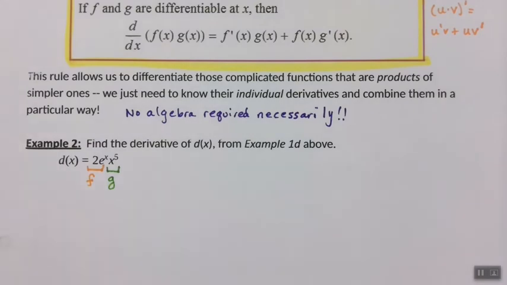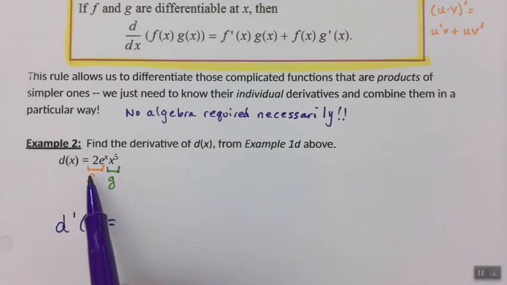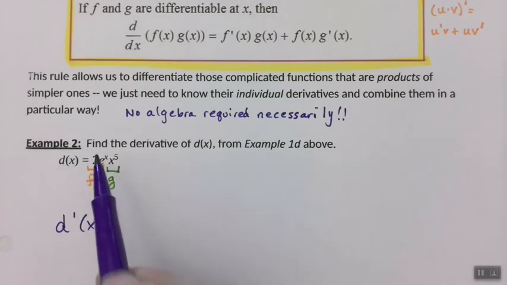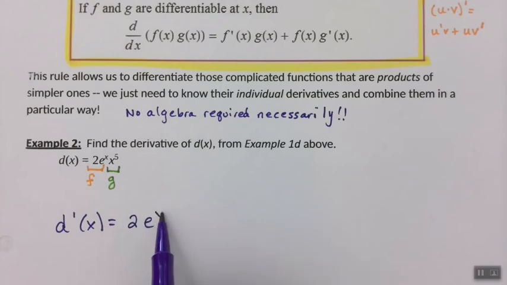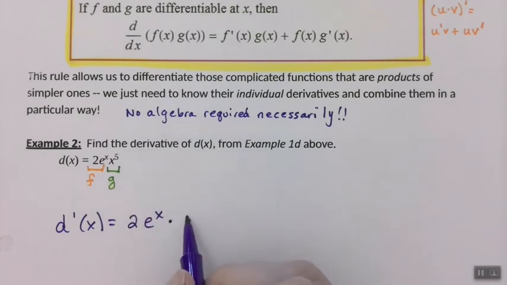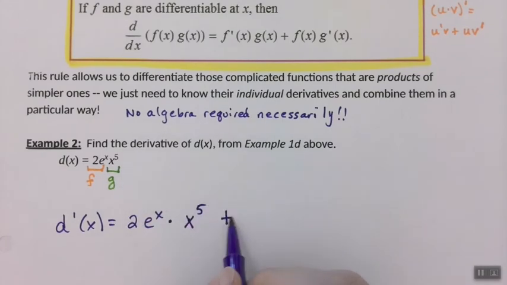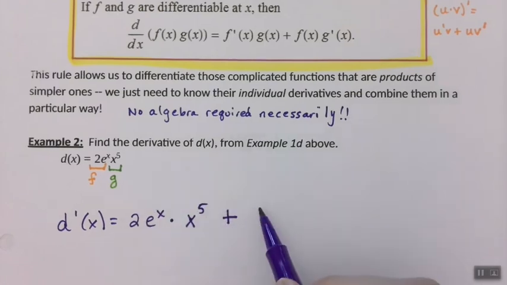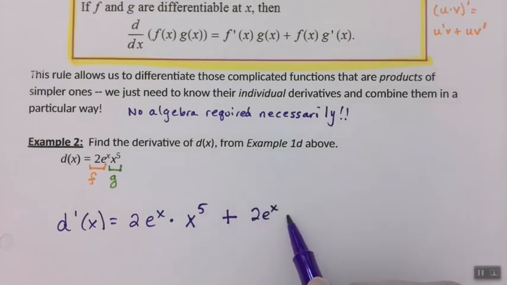So according to our product rule, d prime of x is equal to, so I take the derivative of f. Well, the derivative of f is 2e to the x, because e to the x is its own derivative, times, leave g alone, so x to the 5th, plus, now leave f alone, 2e to the x, times, and derivative of g, 5x to the 4th.